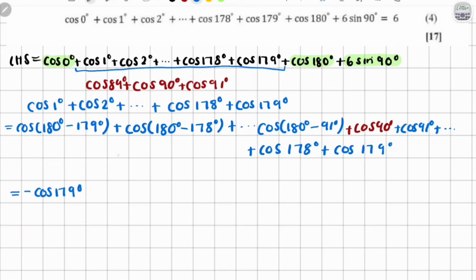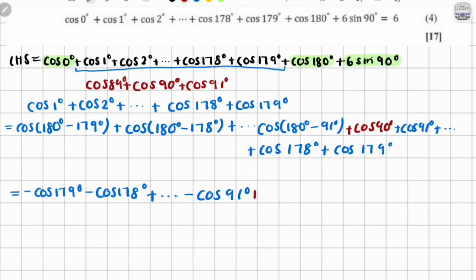Then, I can't really say plus yet because cos 180 minus 178 would give you negative cos 178, which would of course cancel with that positive cos 178. And all these other numbers will keep cancelling and then we would have this one as well. That becomes negative cos of 91 degrees, which will cancel with this positive cos of 91.